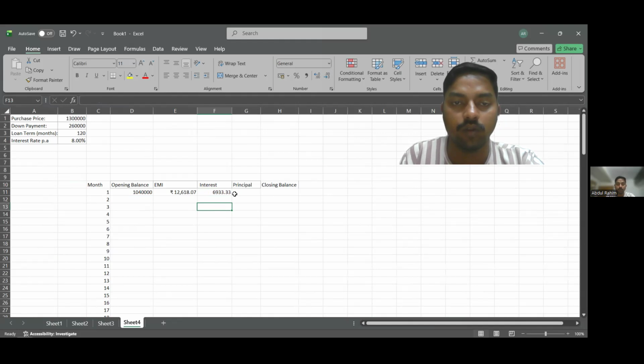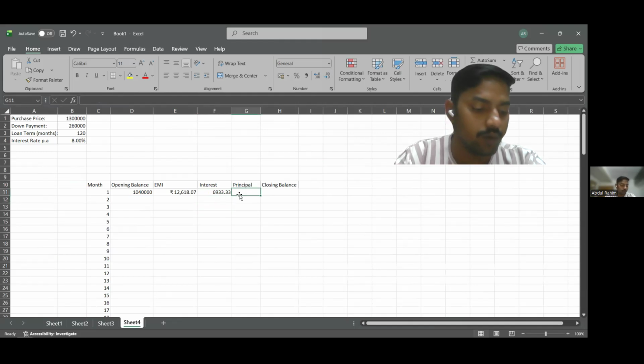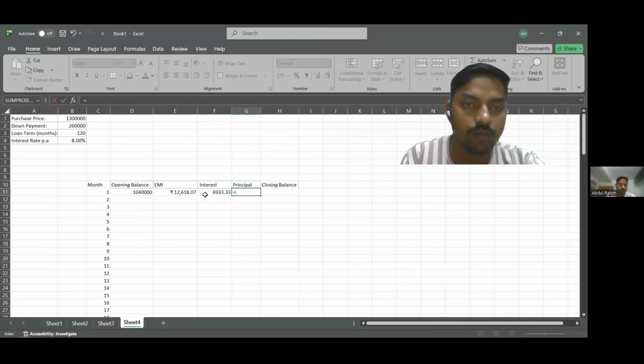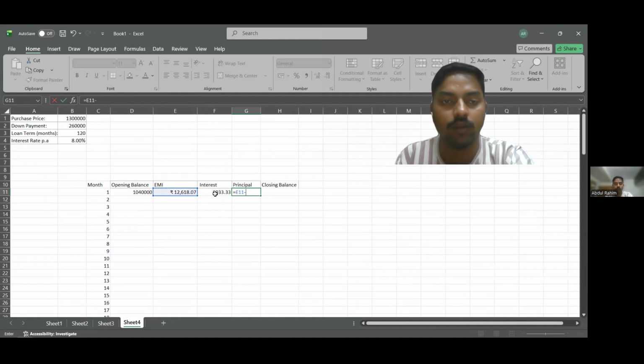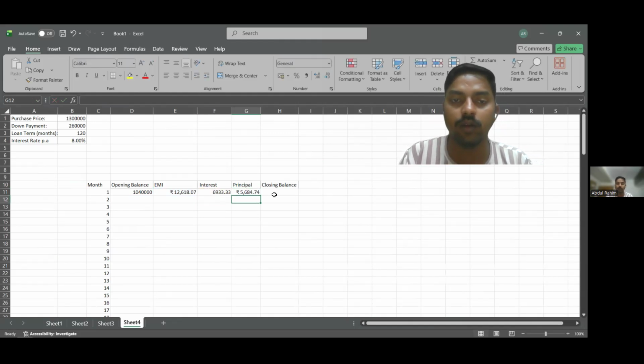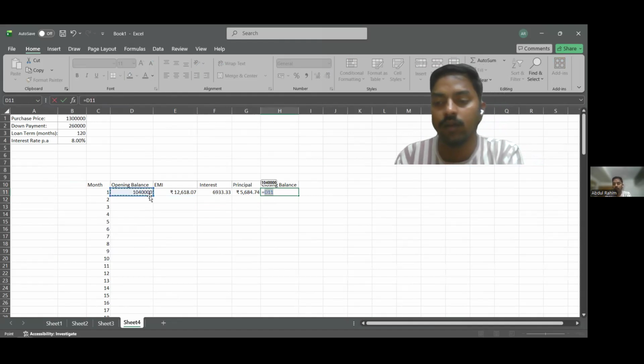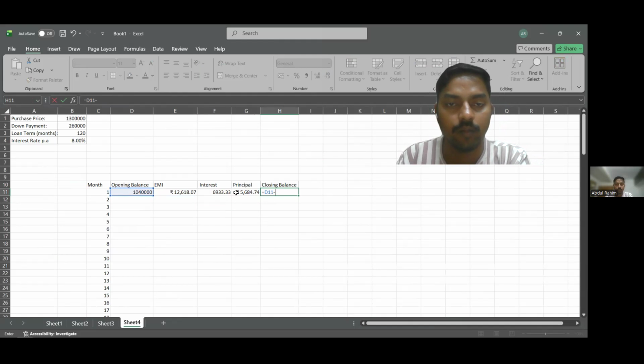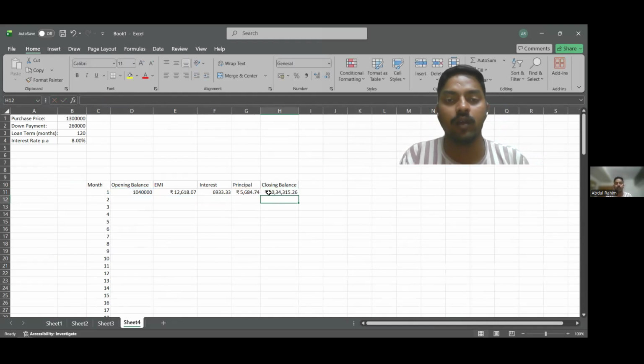Then the principal amount: EMI minus interest, that is our principal amount.